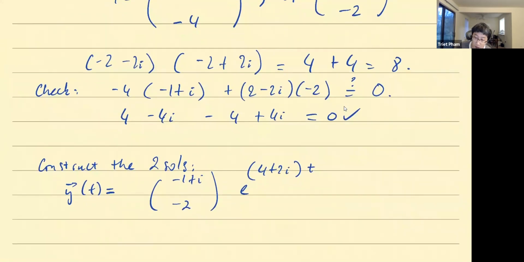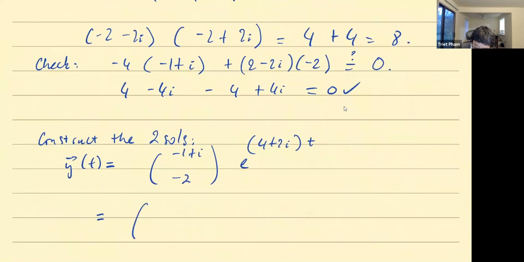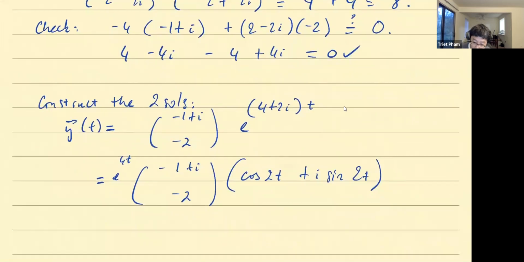Now you use Euler's formula on the exponential term: e to the 4t times cosine 2t plus i sine 2t. You combine these two.